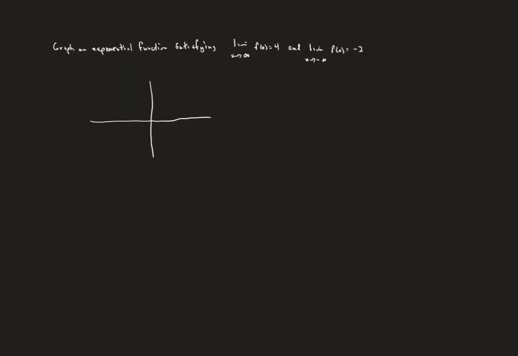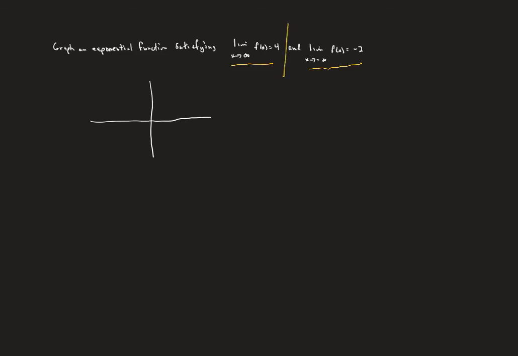All right, on the next panel, one more little thing here. Can we graph an exponential function whose limit as you go to infinity is 4, and as you go to negative infinity is -2? These are two different questions.